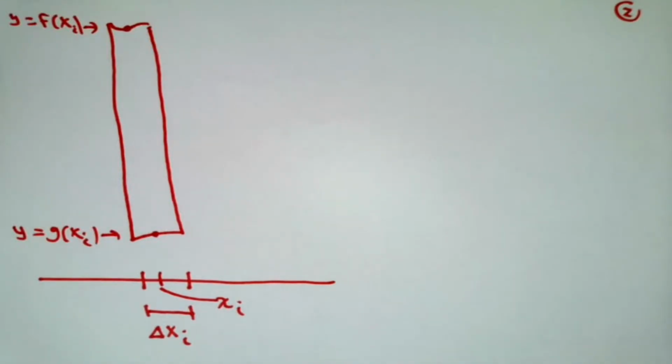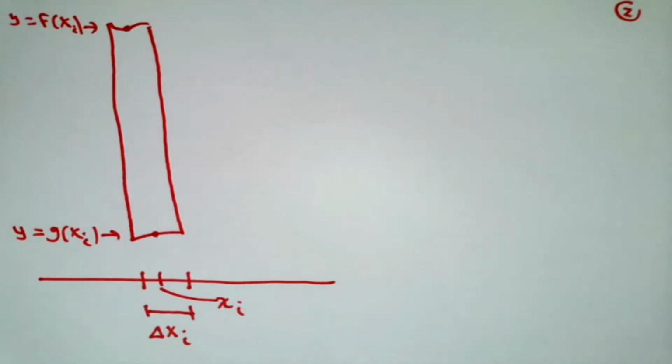Just because I'm going to let the delta x tend to 0 eventually, that doesn't mean that the graph of f and the graph of g come together at that location. In fact, generally speaking, they don't. I can characterize the horizontal location of this strip with a single number, xi, but I can't do that for the y-coordinate.